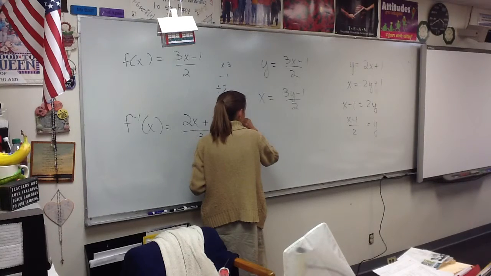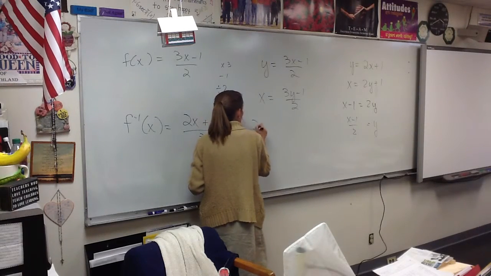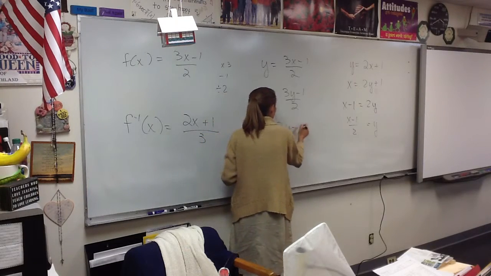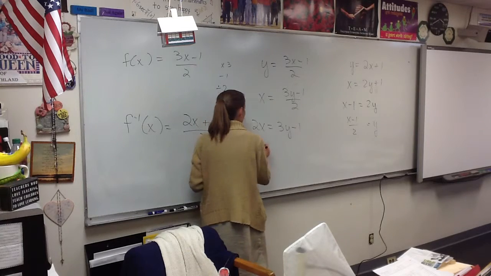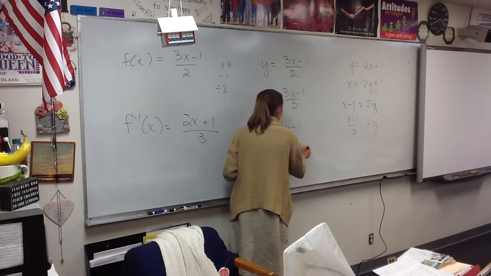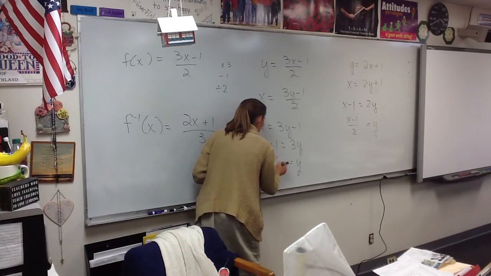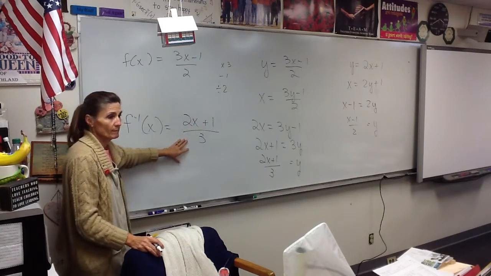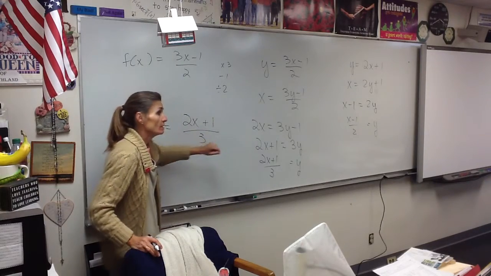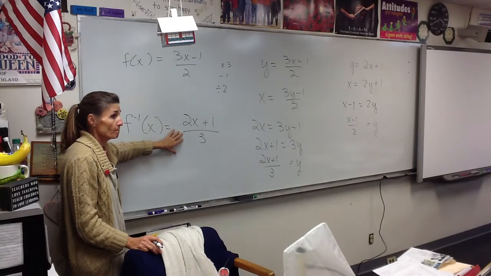So, what will we do first? Multiply by 2. And then add 1. And lo and behold, look at what we got. Same answer we got when we did it in our head. I don't care which way you do it. Now the hard problems, we're going to have to do that way. But these simple ones, if you want to do it in your head, that's perfectly okay.